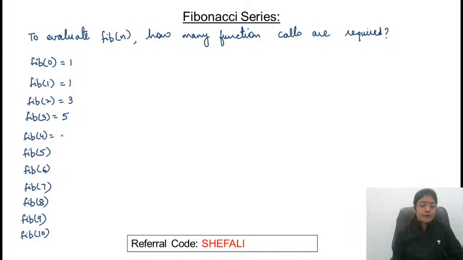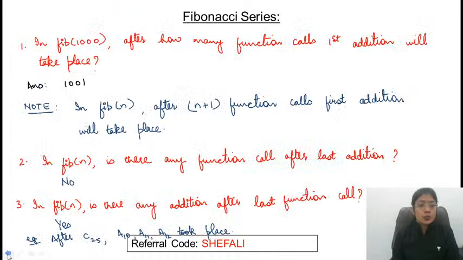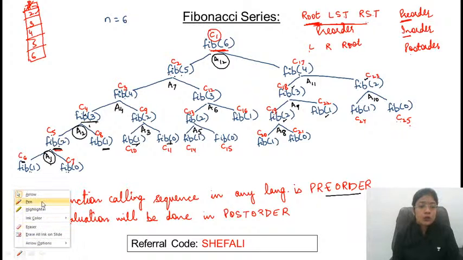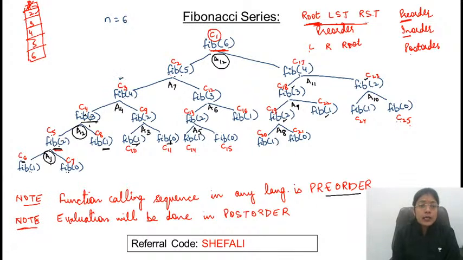For Fibonacci of 4, how many function calls are required? It is 9. Let's look at the tree. Fibonacci of 4, this is making one call. Okay. 1, 2, 3, 4, 5, 6, 7, 8 and 9. So 9 function calls are required. No, it's not 8, it's 9. Okay. So this is for Fibonacci of 4.